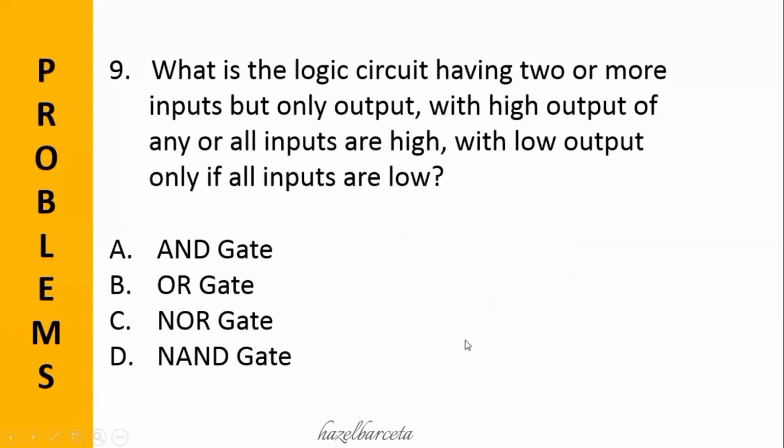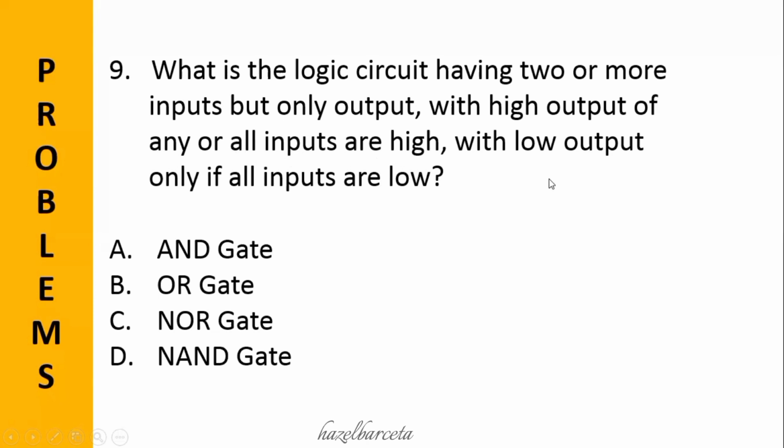Okay, so yun na. Number 9. What is the logic circuit having 2 or more inputs but only output with high output if any or all inputs are high, with low output only if all inputs are low? So, parang pareho po nung kanina. With high output if any or all inputs are high.